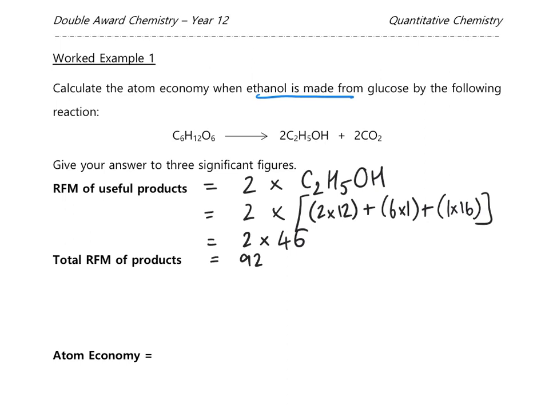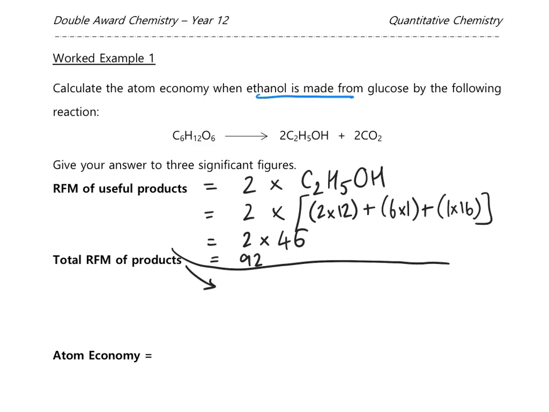Total RFM of the products then. I know I'm a little bit underneath this here, but this is the working out for the total RFM of your products. What if you changed C2H5 up to like C4? Yeah, when you're working out the RFM, absolutely, you can multiply it first of all. That's absolutely fine.